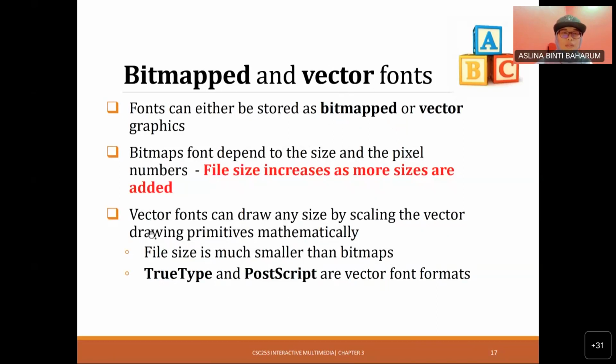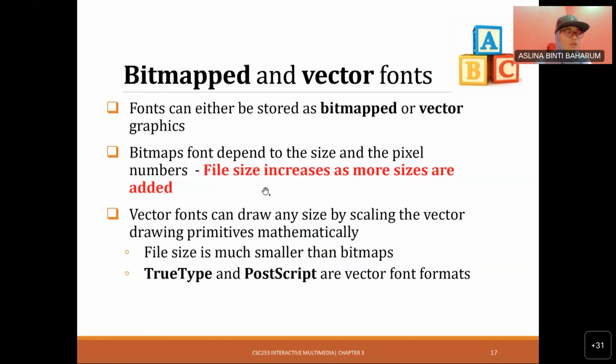So a vector font can be drawn at any size by scaling the vector drawing primitive. Mostly when we want to send for graphic, we use vector rather than bitmap. Bitmap is already compressed, so that's why the file size increases as the size increases.